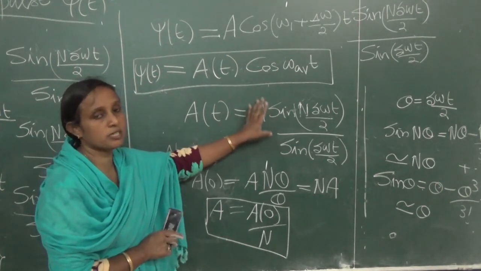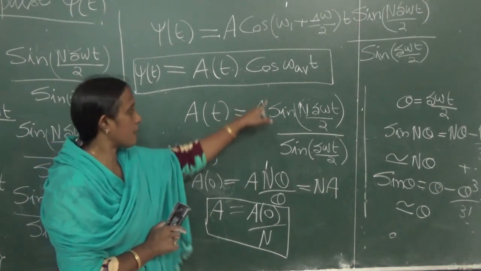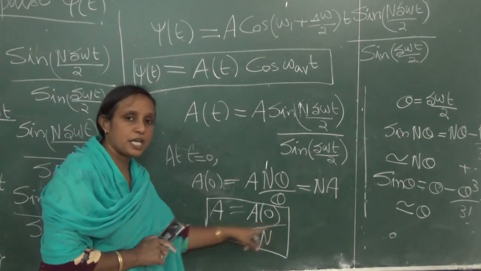So, in the total superimposed amplitude, A can be replaced with A0 by n.